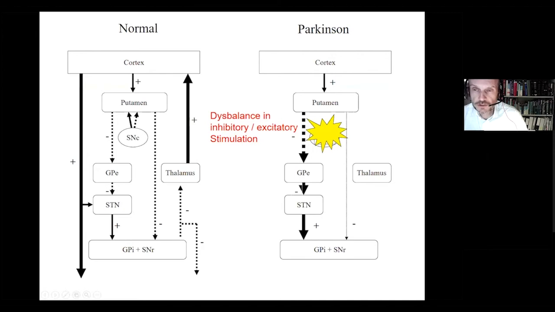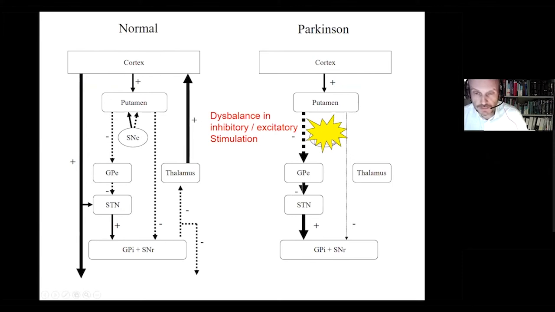Now, what is the rationale in Parkinson's disease to do studies? This is, of course, a very schematic description. You have the motor circuit that connects the basal ganglia, the cortex with the thalamus, and then leads to this ongoing motor circuit activity.